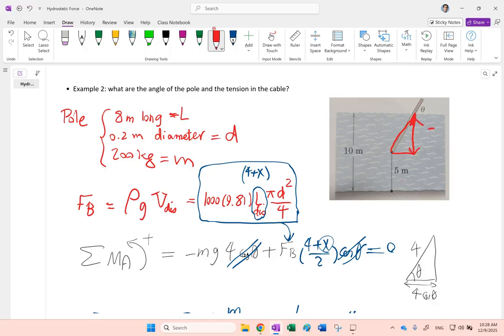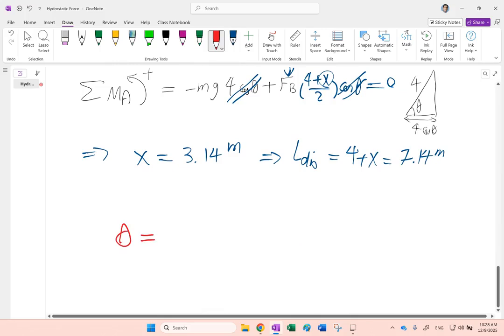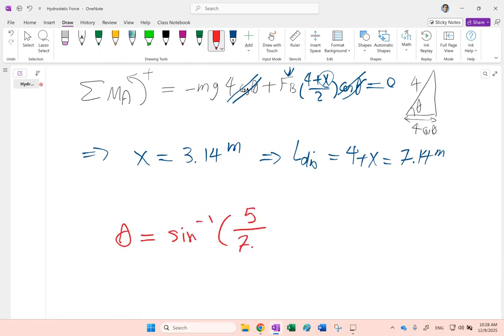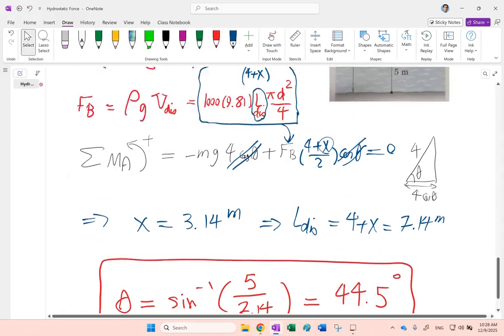That's 10 minus 5, that is 5. This angle is theta, and remember this one is basically 7.14. So that should not be very hard to find. Theta is going to be sine inverse of 5 over 7.14, and the answer is 44.5 degrees. There we go. So we found the angle.